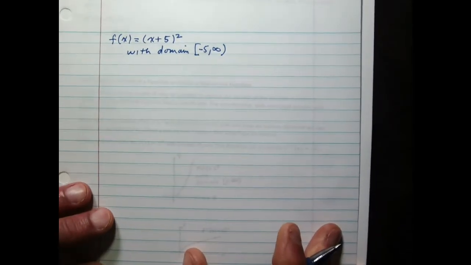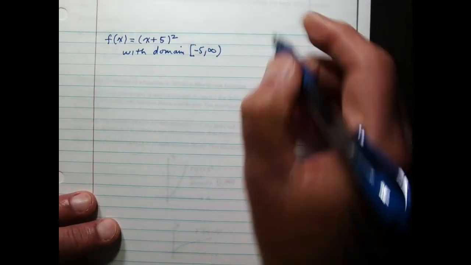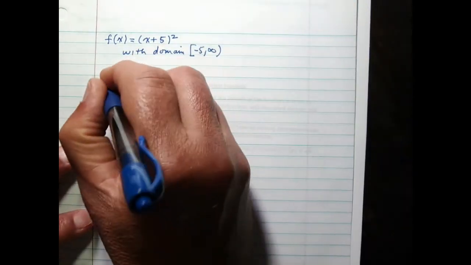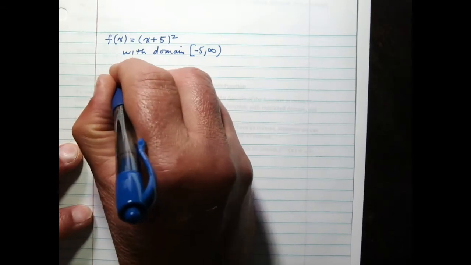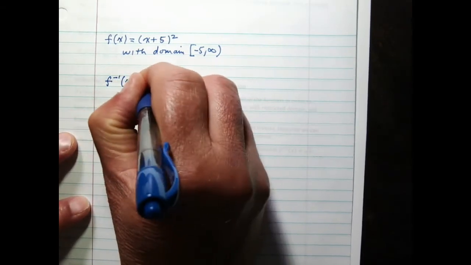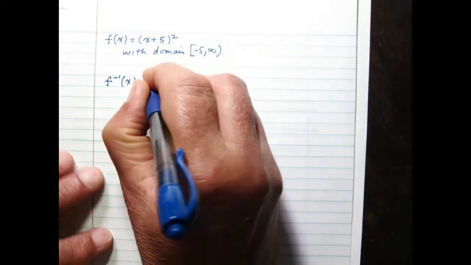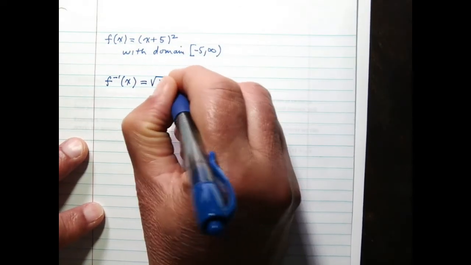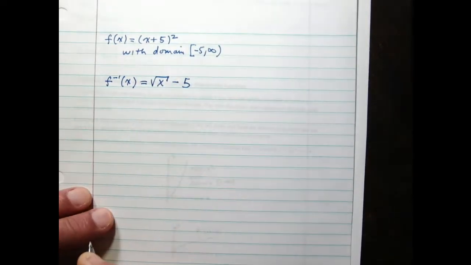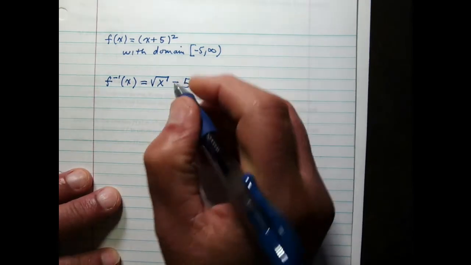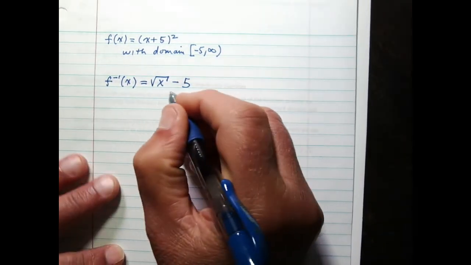Oops, sorry. So that's the function we started out with. We got f inverse, which I'm copying from my other sheet, is square root of x minus 5. Only the x is in the square root sign. And there's no restriction here.